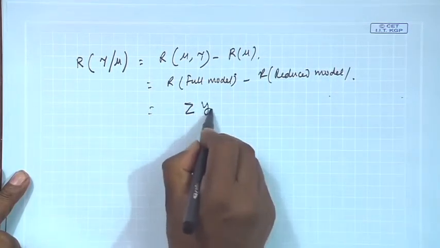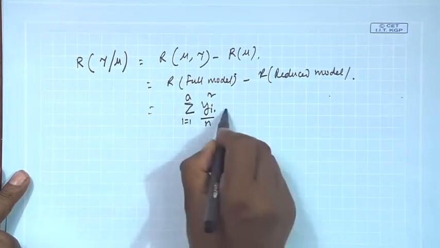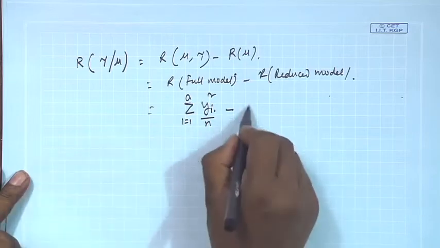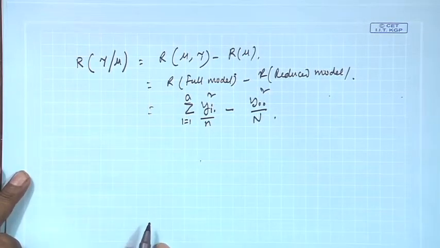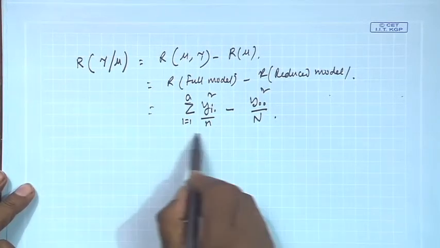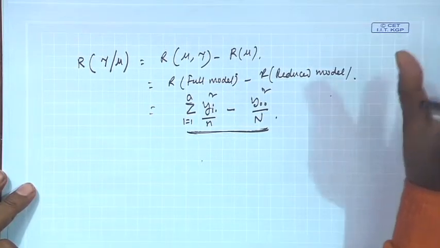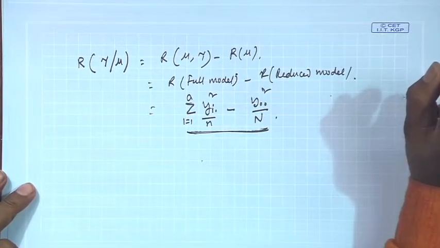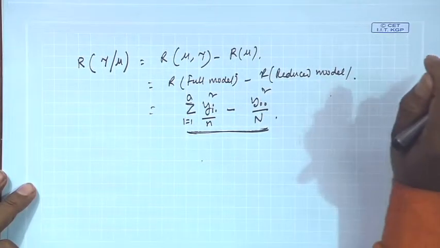We have already seen that R of the full model is the sum of y_i dot squared by n, i equal to 1 to a, minus the R of the reduced model, which is y dot dot squared by N. What is this value? This is nothing but the treatment contribution, the sum of squares of treatments, SSR.